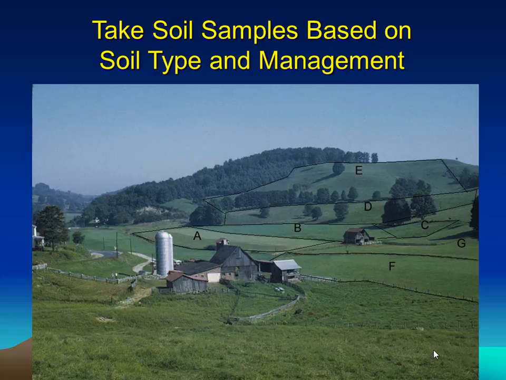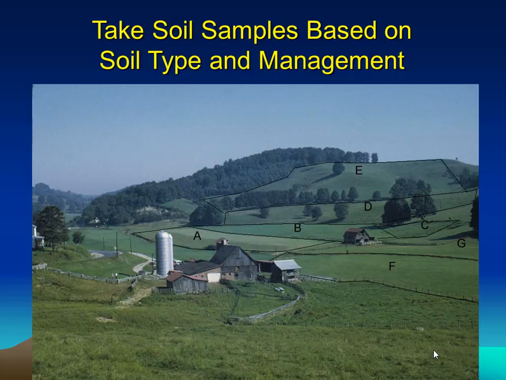I would encourage you to find out what is your soil type. And we talked about EPDs for cattle. If you know your soil type, we actually have a table that we can provide for you that will show you the yield potential for different crops on those soil types in West Virginia.